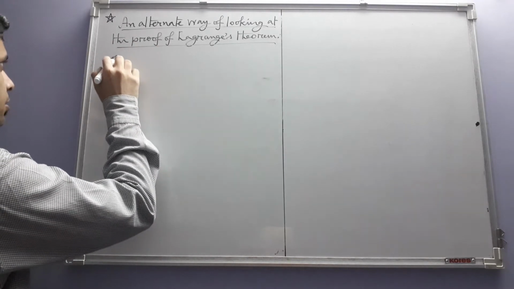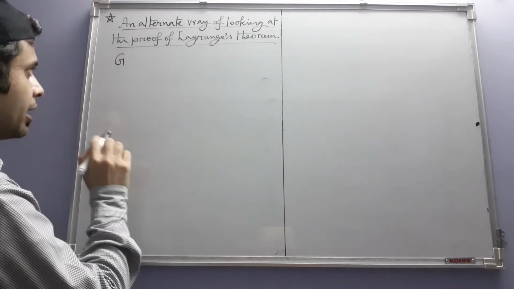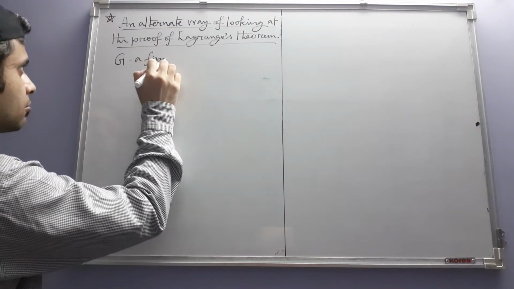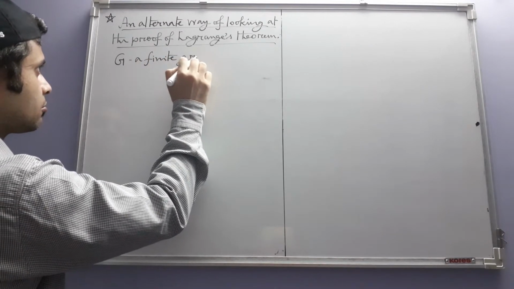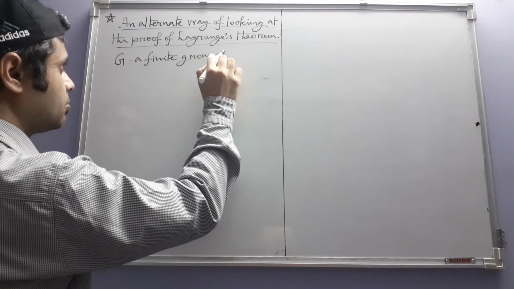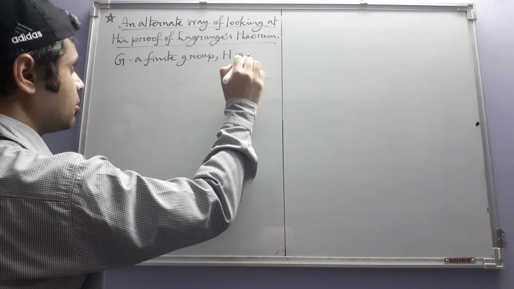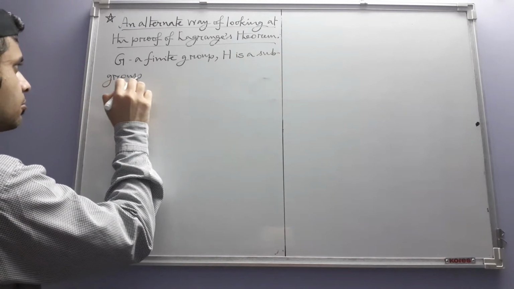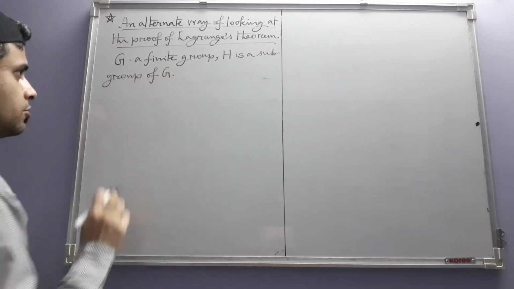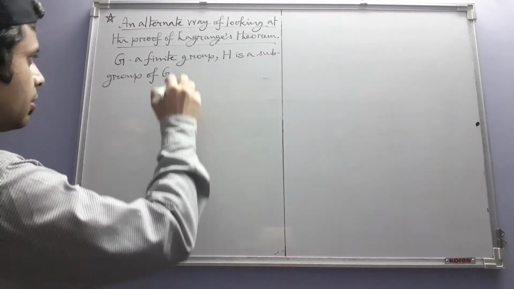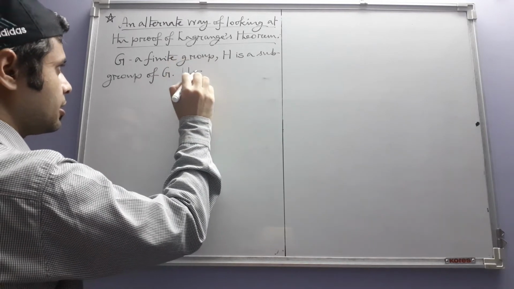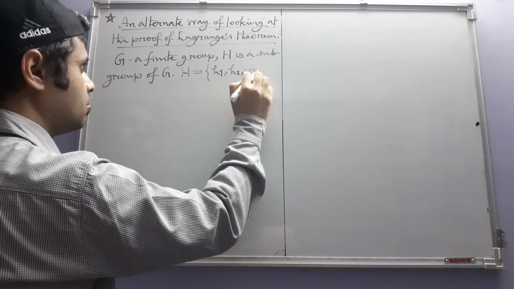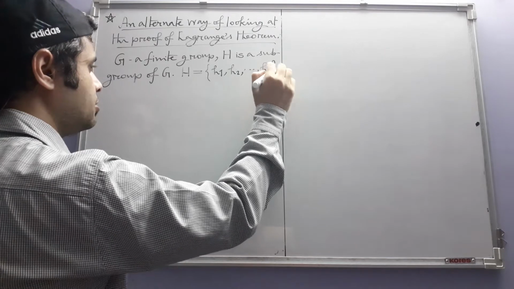So as usual, G is a finite group and H is a subgroup of G. So H is also finite and that means we can list its elements, say H1, H2 up to Hn.